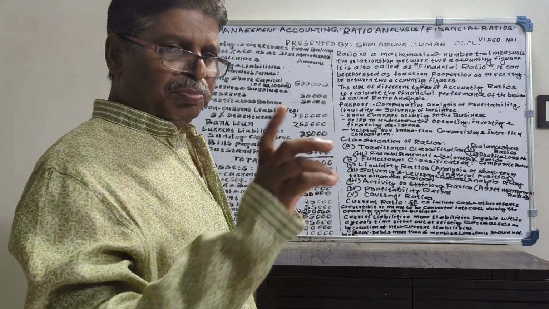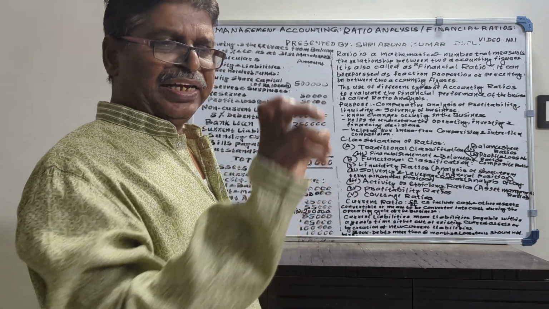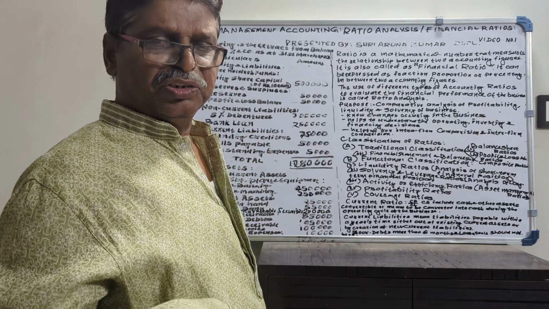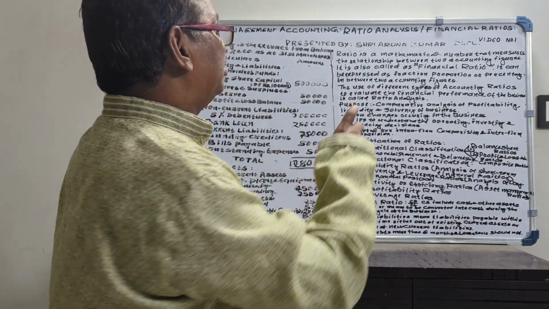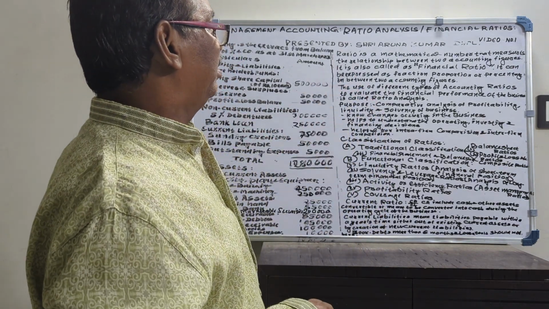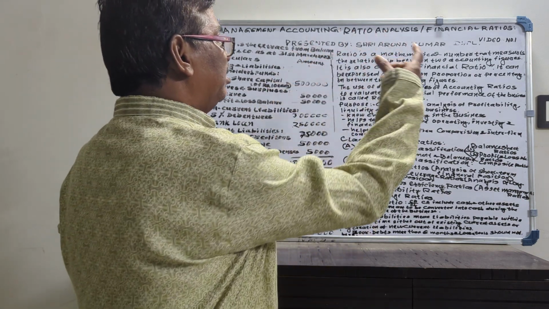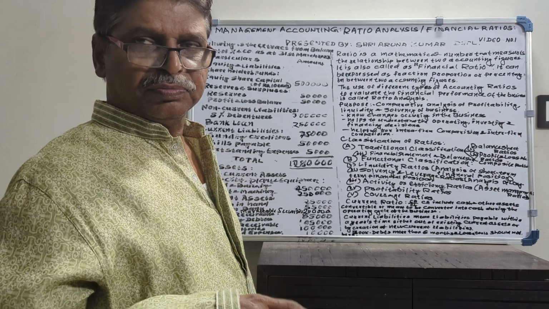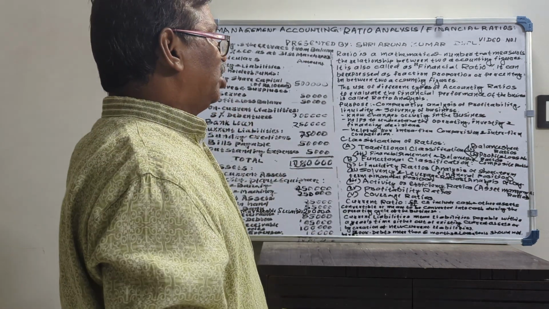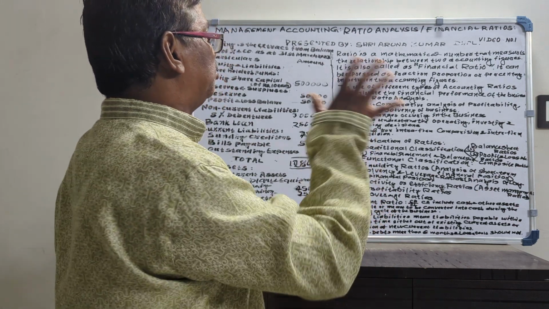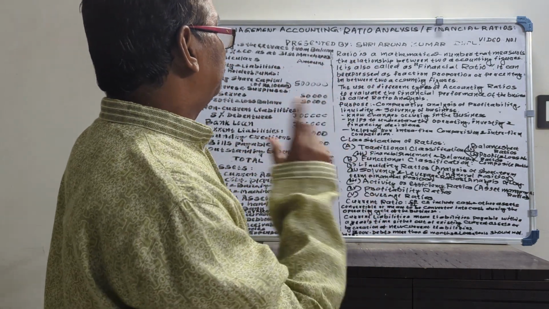Fractions mean, suppose you want to compare the current asset with current liability and you get the ratio 3:1. That is in fraction, that is 3/4, 1/4. If it is in percentage, means gross profit ratio, that means gross profit divided by net sales into 100, that is in percentage.